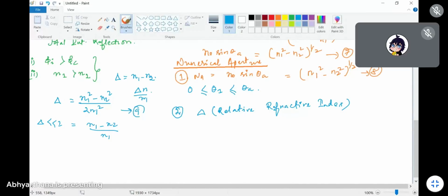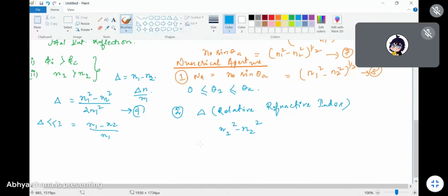So let's say this is your expression number 9. Now to this expression of your delta is equal to this. Now we just try to tamper a bit in order to obtain your numerical aperture in terms of your delta. Okay. So what we do is we have your delta as n1 square minus n2 square.